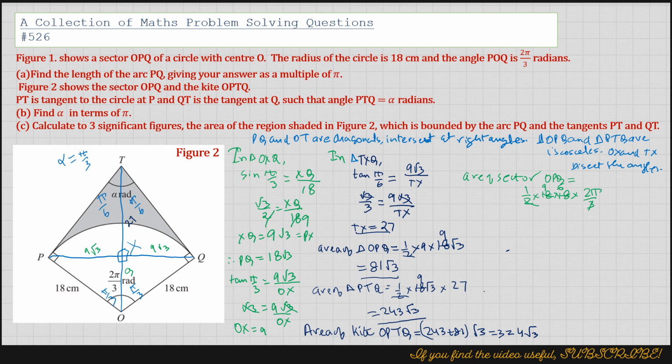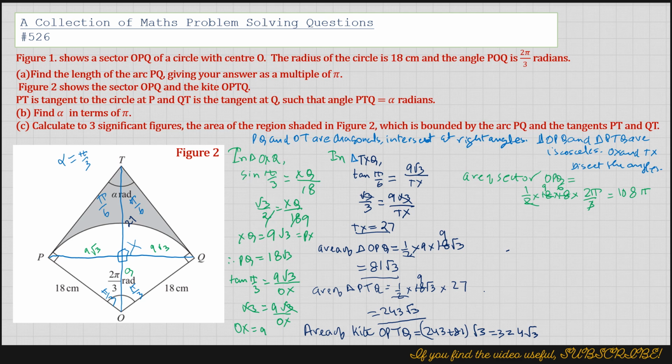So I would get 108 pi. Hope I got it right. Yes, it's 108 pi. So once I got all the required areas, I've got to subtract them.